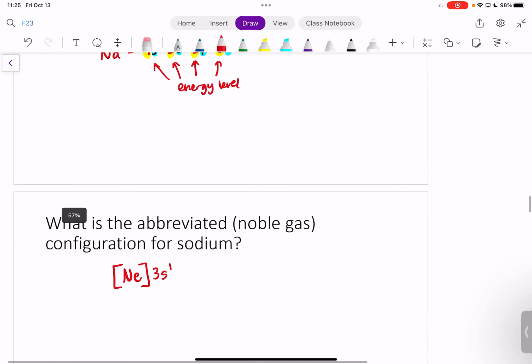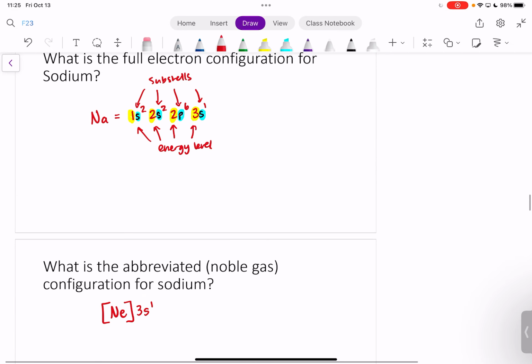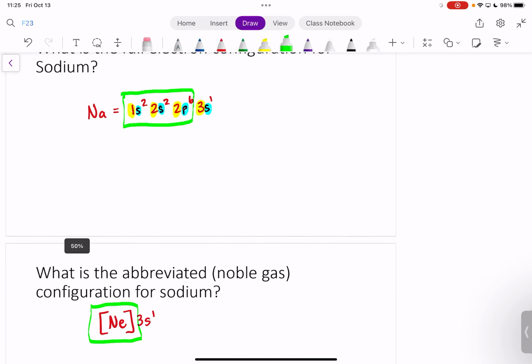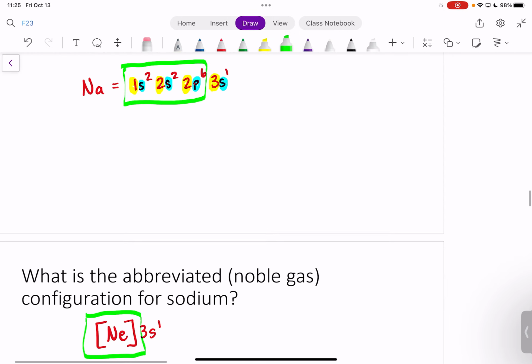So let me zoom out a little bit here. This whole thing, let's do green, is the electron configuration for neon. So you're just replacing the first part in green with neon because that is neon's configuration.